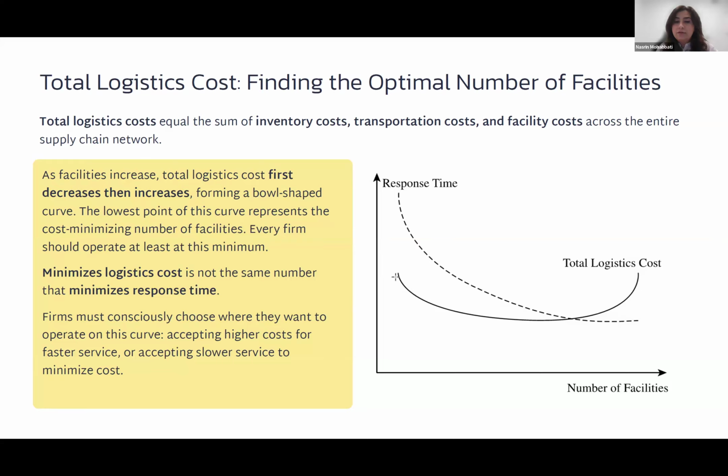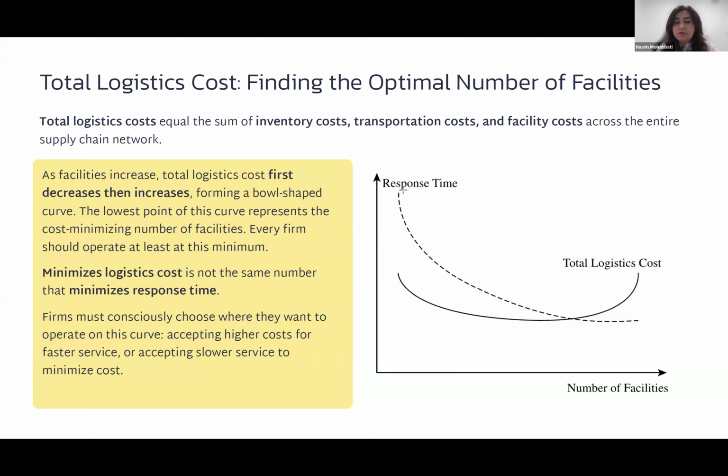So interestingly, when we are increasing number of facilities, total logistic cost first will decrease and then at some point will increase. And this is because of actually transportation costs. If you remember in the transportation cost versus facility, it first decreases and then increases, right? So that affects the total logistic cost as well.